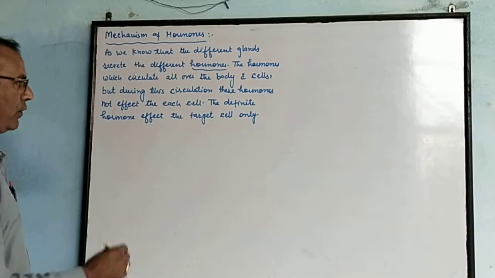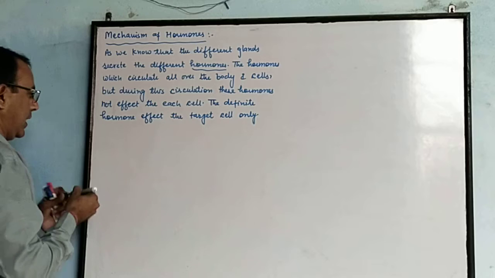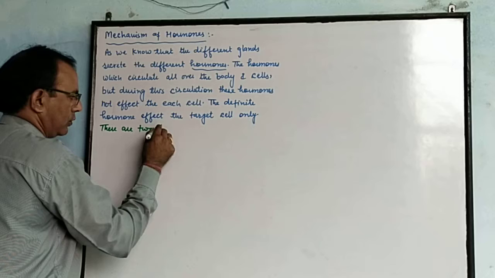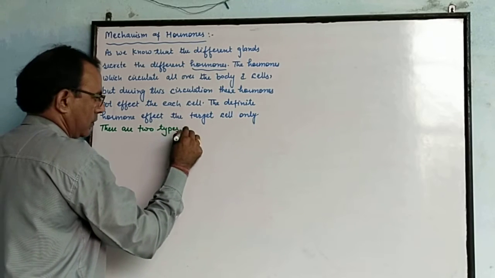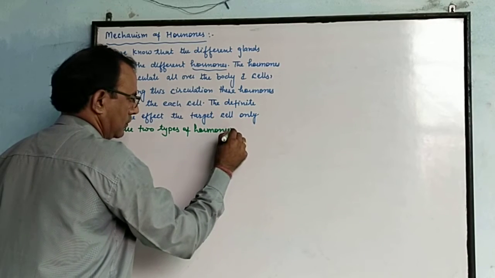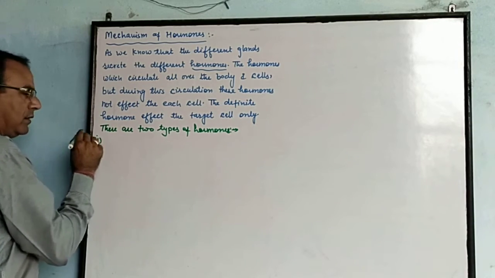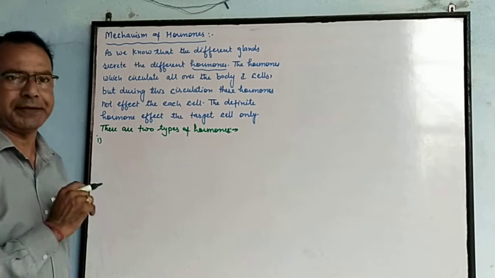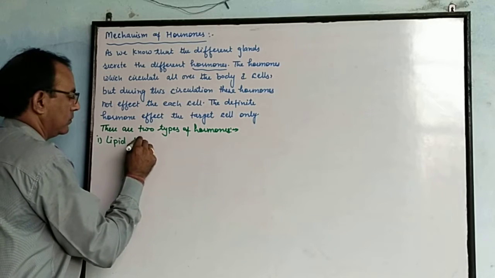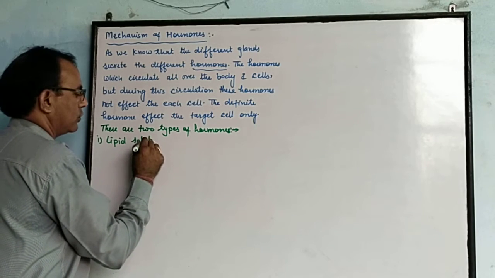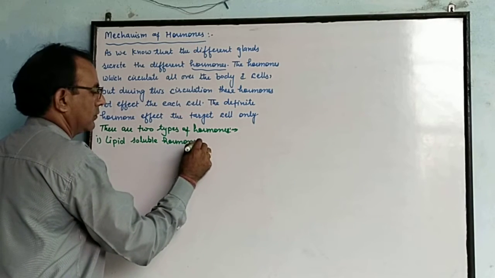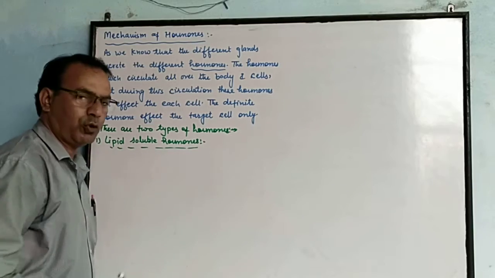There are two types of hormones. One, the hormones which are soluble in lipids, or you can say lipid soluble hormones.